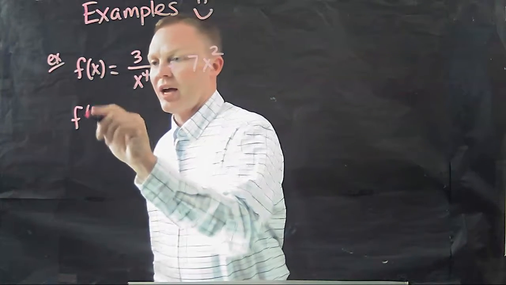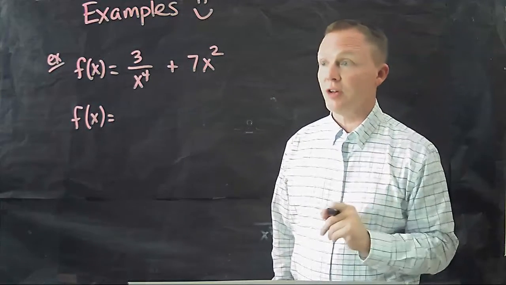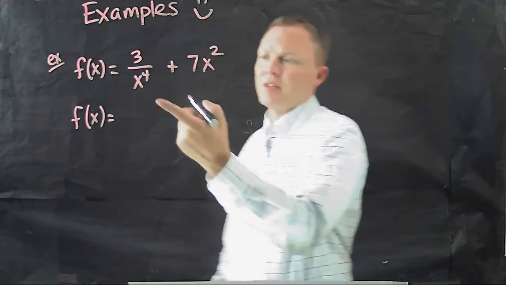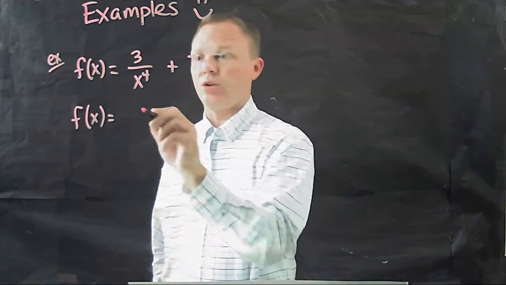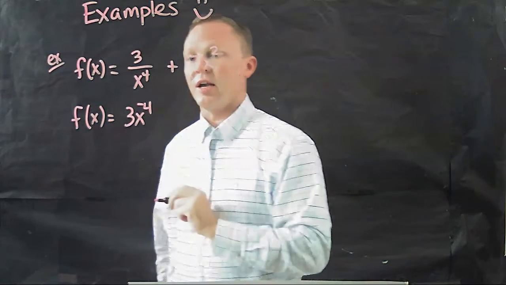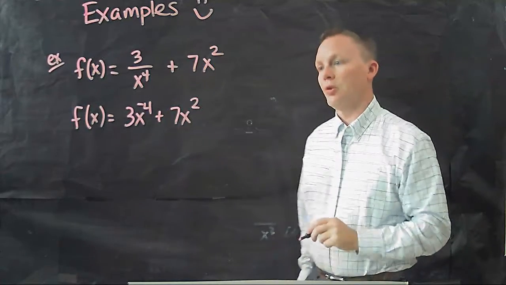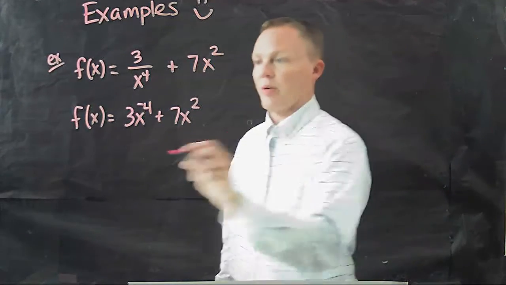But before we do that, sometimes it helps to rewrite the function. There seems to be an obvious thing I would want to rewrite so I can execute one of those rules. How about I write that as 3x to the negative 4th? There we go. Beautiful.